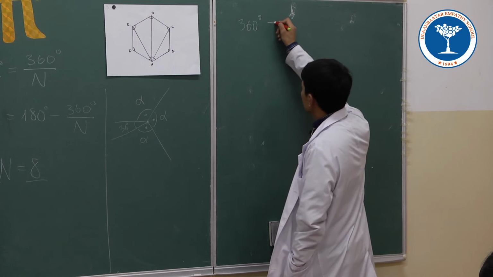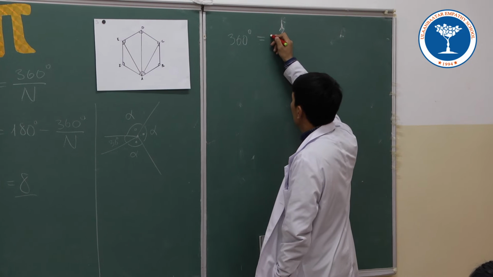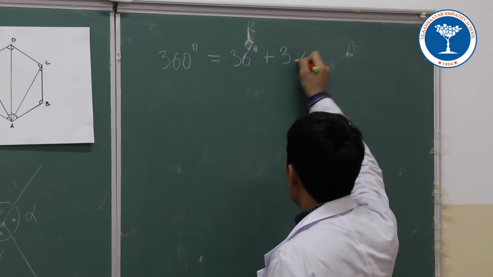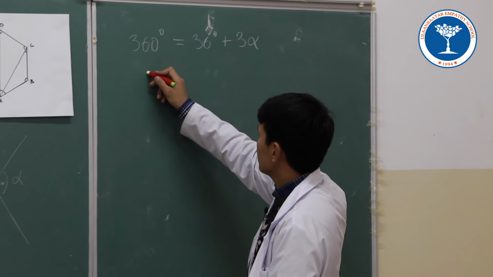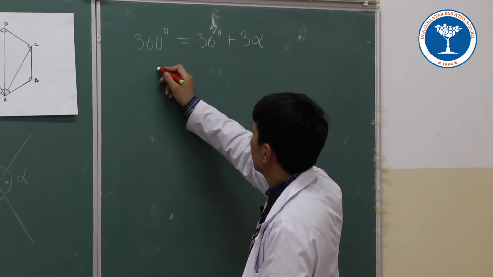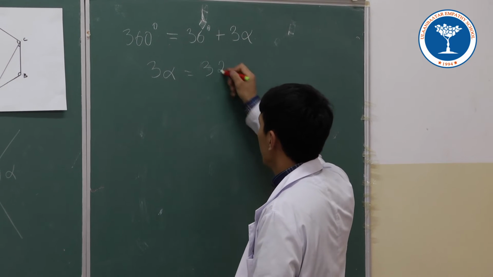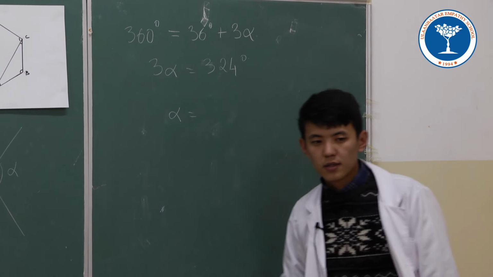So 360 is equal to 36 plus 3 alpha. Yes? By that, 3 alpha is equal to 324, yes? Alpha will be equal to what?